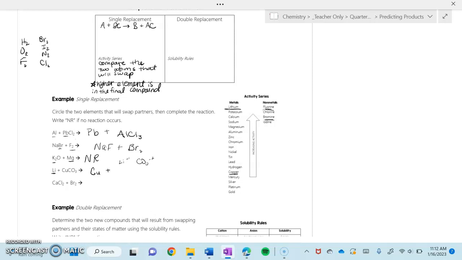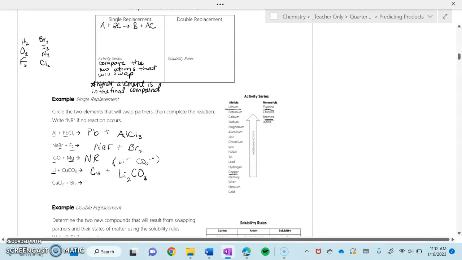Carbonate is a -2. So when I do the crisscross method, my actual compound is lithium with a little 2 and then 1 carbonate. So there's my compound. And again, yes, this makes it not balanced. However, we can use coefficients to fix that. Just putting a little 2 there solves it nicely.